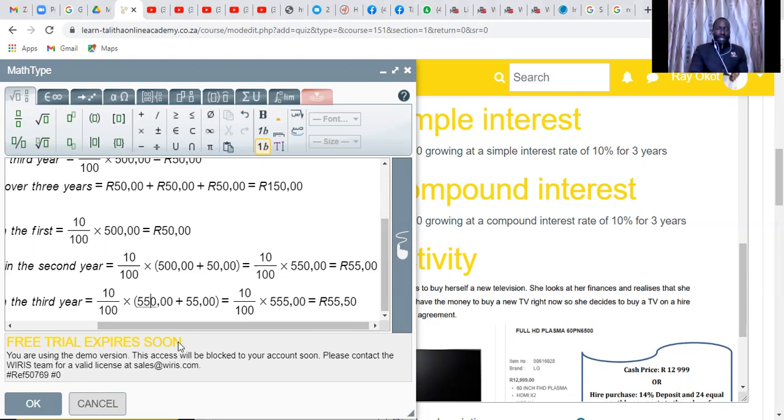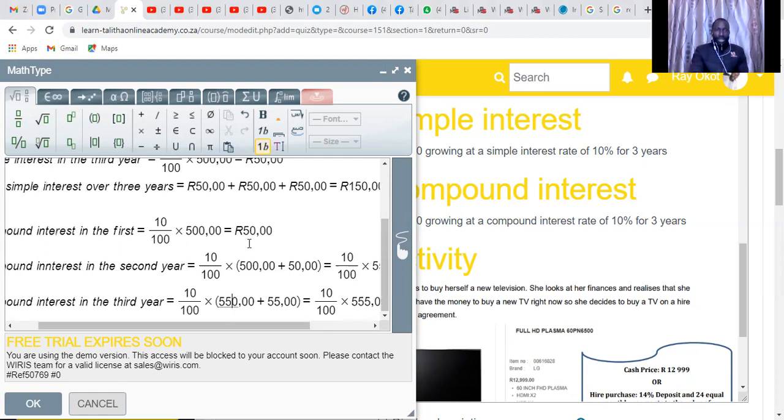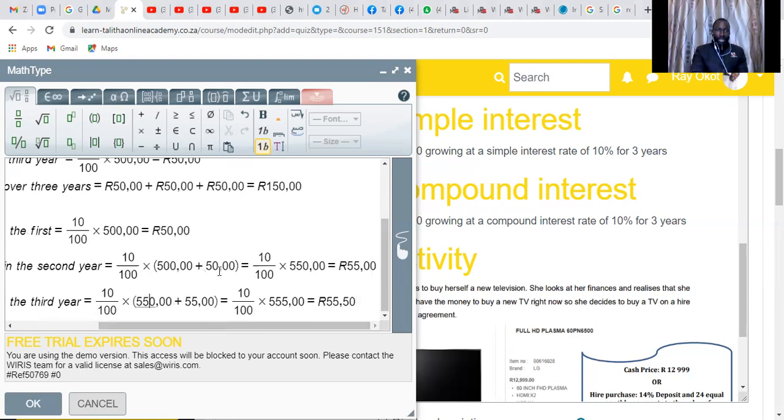Because in the first year, now notice that in the first year we had 50. So for the second year, this interest is added onto that so that we get 550, which is what we got here. So from the 550, we got this. Then now, this 550 is going to be the principal for the third year.